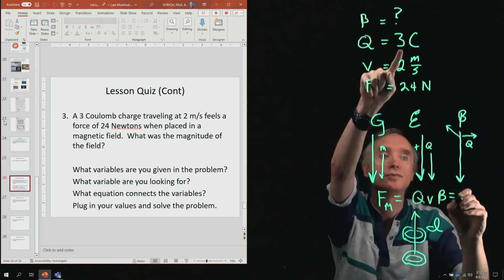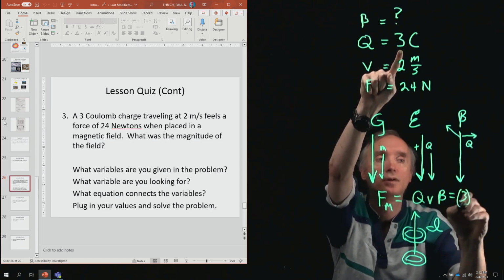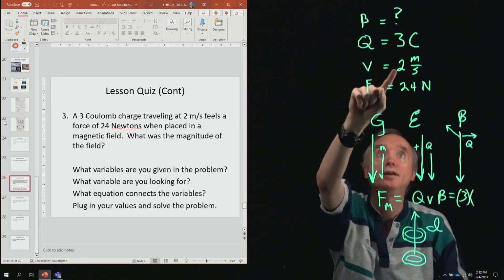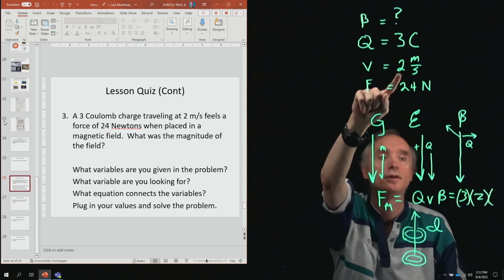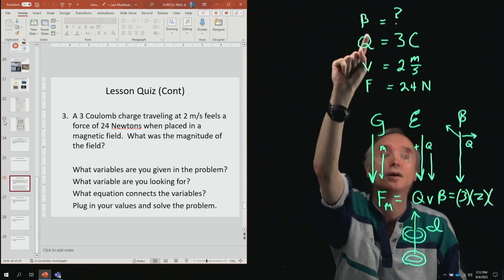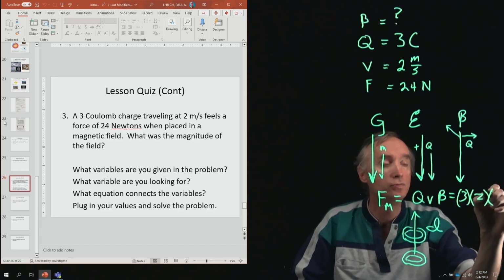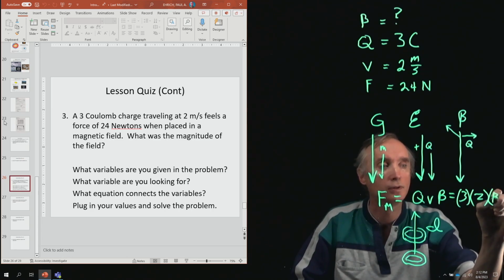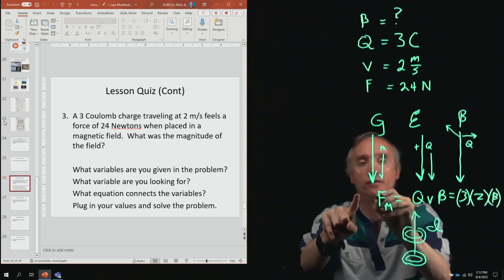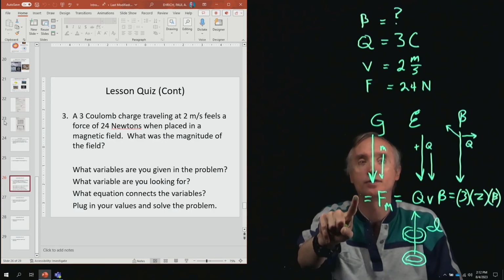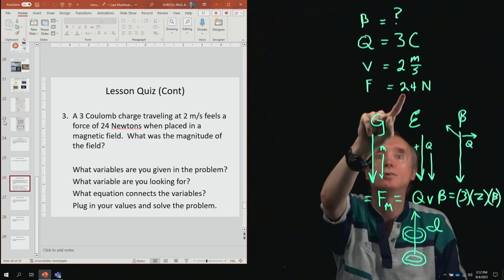Q was 3, multiplied by the V, which was 2, multiplied by the B. We don't know B, so let's put in a B. But we do know that F, the force of magnetism, was equal to 24.